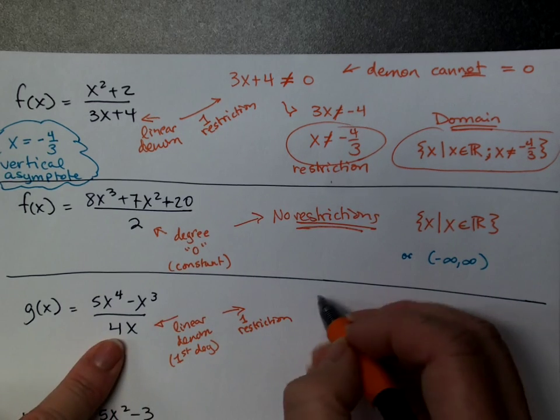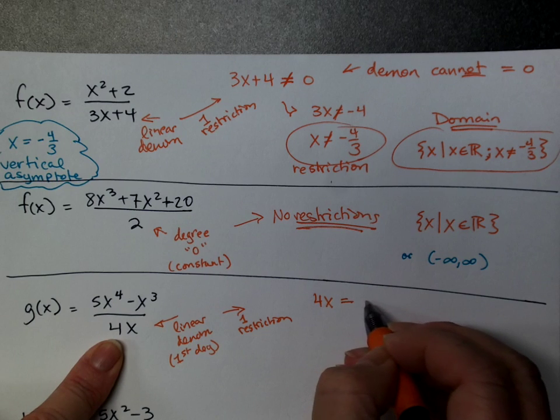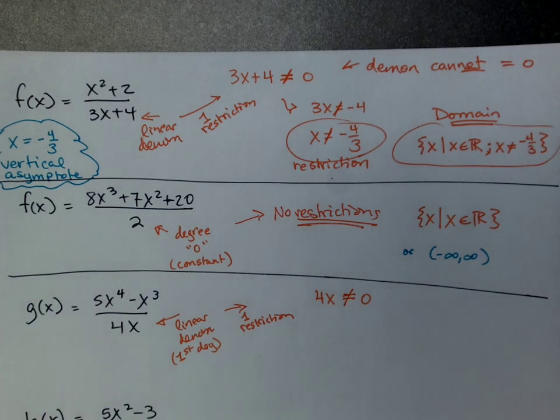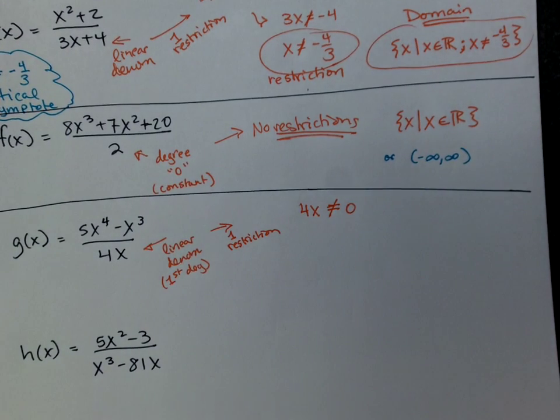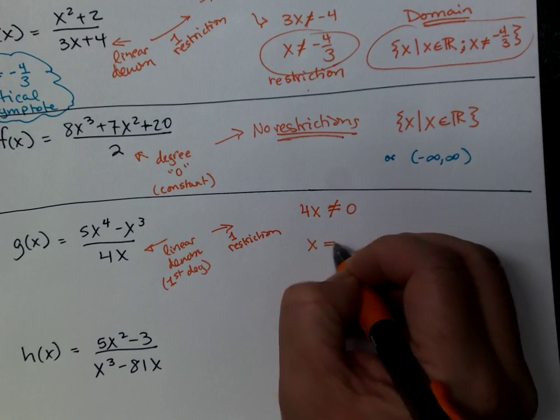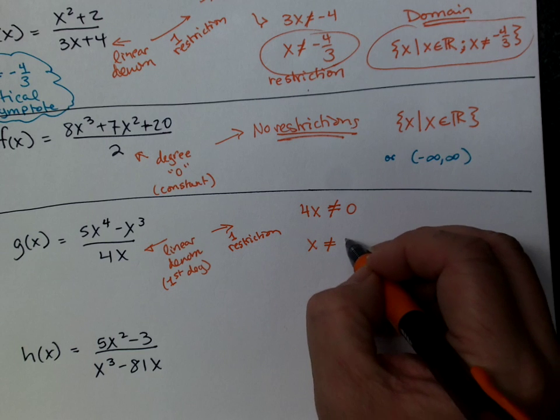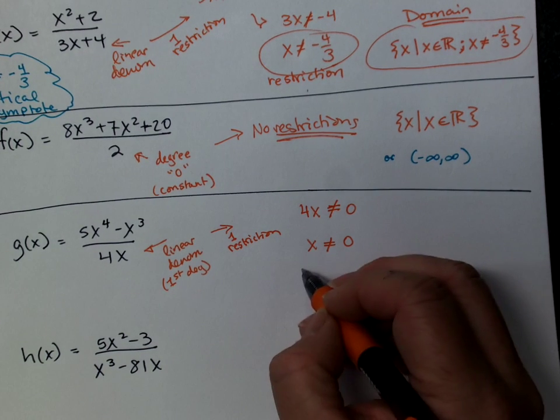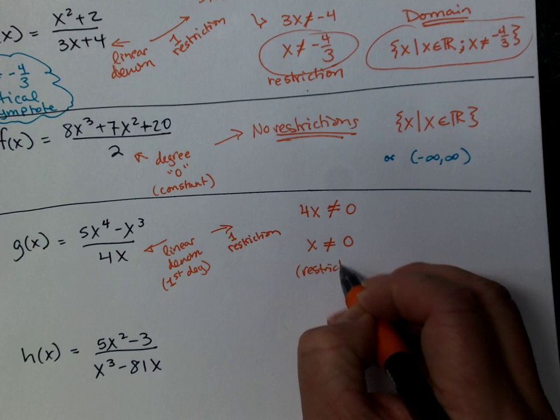So take your denominator, set it not equal to 0, because we're trying to find out what x can't be. Solve it. So x cannot be 0. Just divide both sides by 4. Doesn't matter what you're dividing by, it still equals 0. So that is our restriction.